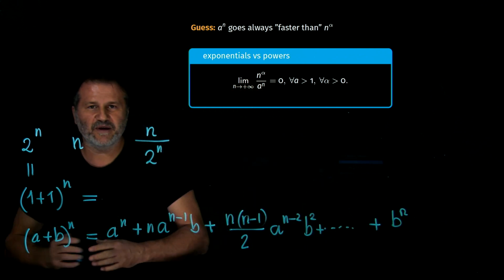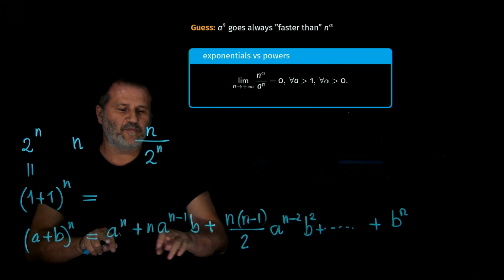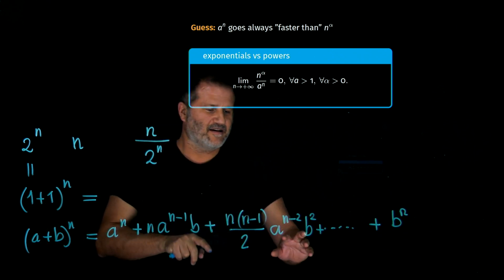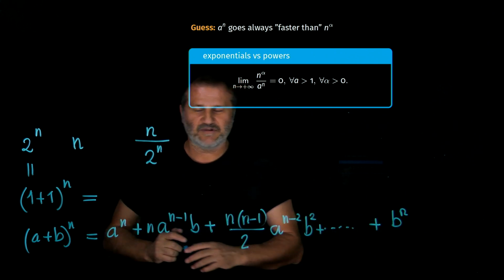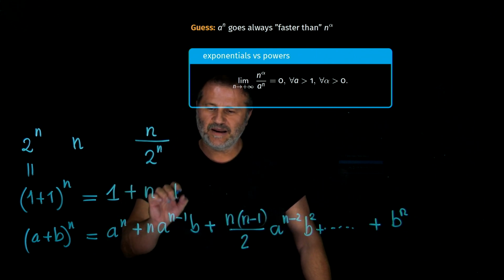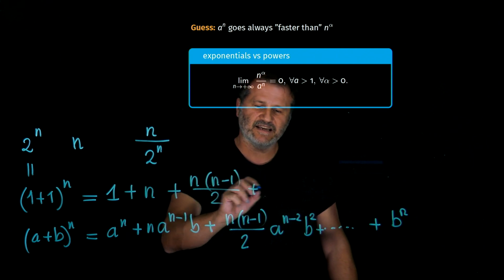Now, this is the binomial expansion. The remarkable thing is that if you plug in a and b equal to 1, you see that these factors are always equal to 1. So you get 1 plus n plus n times (n minus 1) over 2 plus etc.